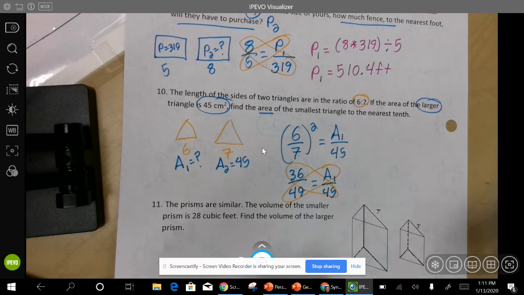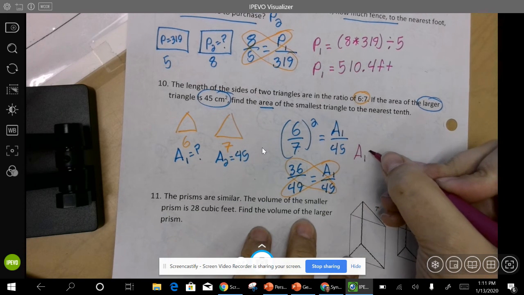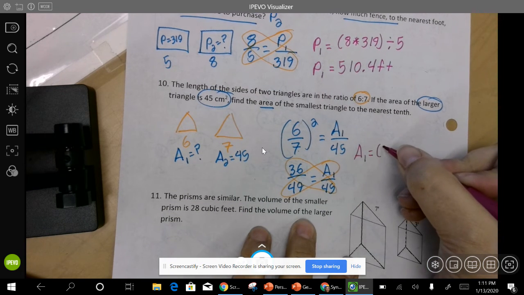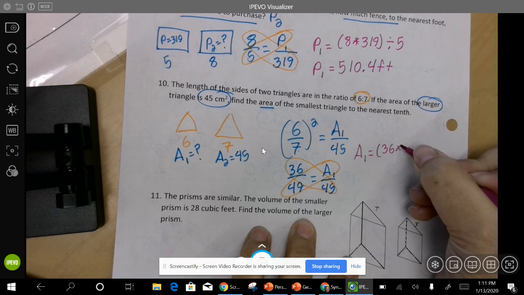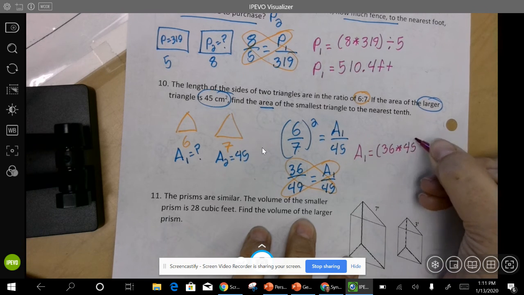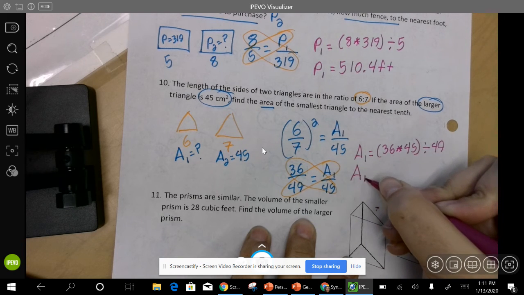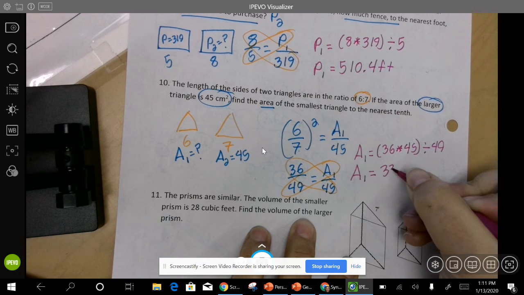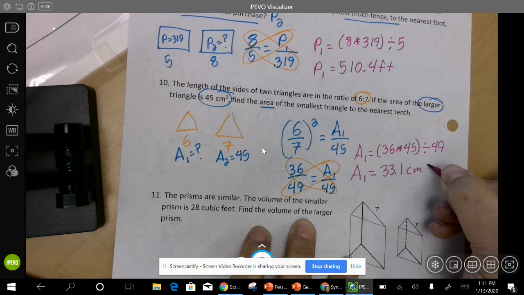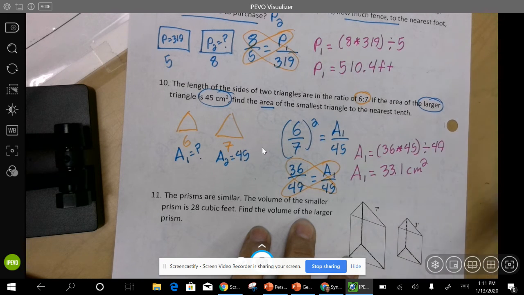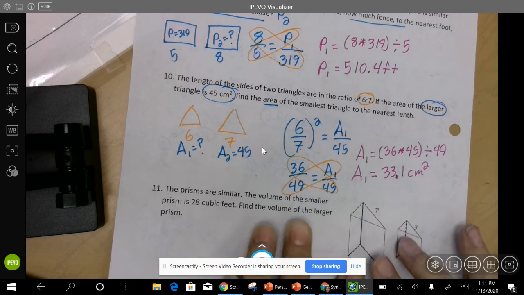So everybody in the calculator, if you want to put it in, you can put it in like this. So you do parentheses 36 times 45 divided by 49. So we got 33 and 1/10 centimeters squared.